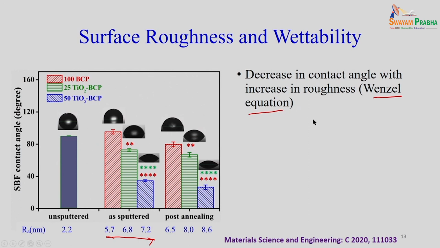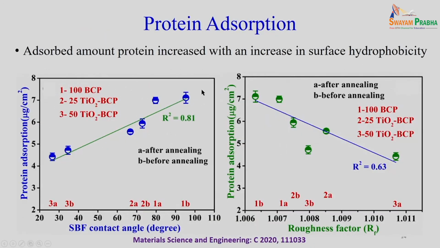So, what phases did we have? BCP means HA and TCP. So, the phases we have here are HA, TCP and TiO2. Now, protein adsorption.